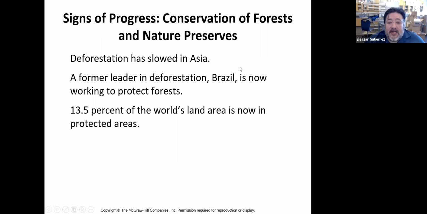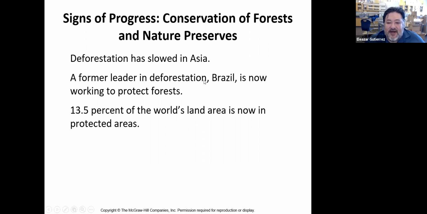Okay, conservation of forests and nature preserves. We have slowed down deforestation in Asia. This is a lie. I don't know why our author has this. Actually, the amount of deforestation that's going on in Brazil right now is unprecedented. It's horrible, and nobody can seem to talk sense into them right now.